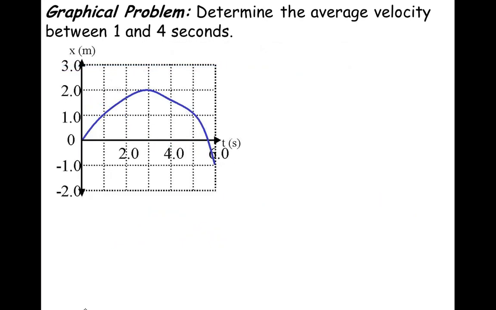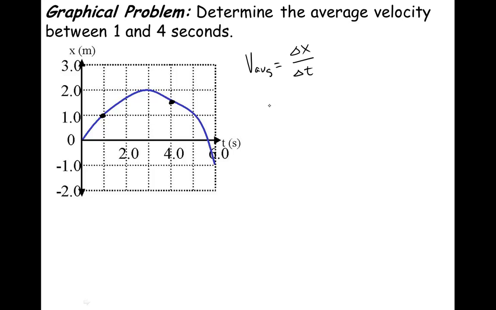So in this particular problem, there's some estimating here, so that's what we will do. It says determine the average velocity between 1 and 4 seconds. So at 1 second, we're right about there. And then at 4 seconds, let's say we're right about there, just about in the middle. So our average velocity, like we said before, just depends upon the two endpoints, the change in position over the change in time.